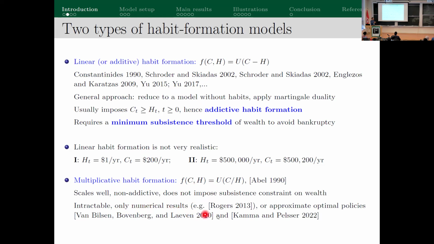There are some numerical results in Rogers' textbook, two pages, right? And apart from that, there are some new results coming up that say you cannot solve this problem with the convex duality technique.